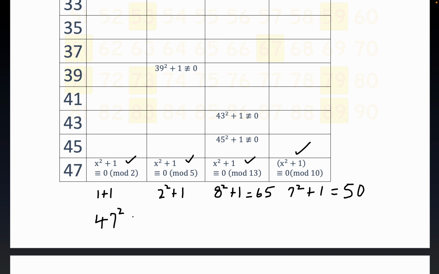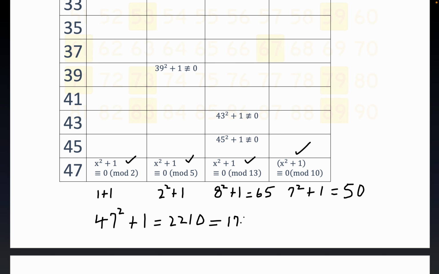Now 47 squared plus 1, and this is arithmetic you could do in your head if you have to, I did double check it with a calculator. 47 squared plus 1 is 2209 plus 1, which is 2210. Now 2210 happens to be divisible by 130. 130 times 17 is 2210.